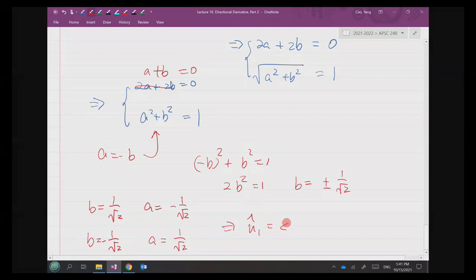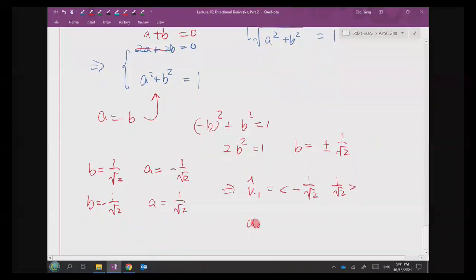The first direction is negative 1 over root 2, positive 1 over root 2. The second direction is positive, negative. That's exactly what we said: when looking for a direction perpendicular to another vector, you have two directions. The two directions are opposite to each other, just a sign difference, and they're both unit vectors. If you apply the dot product, you get 0. So that will be the answer.